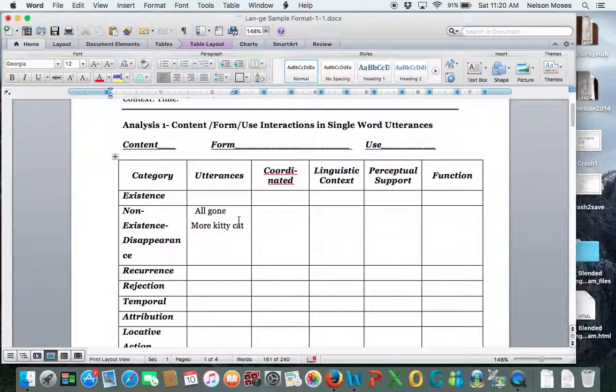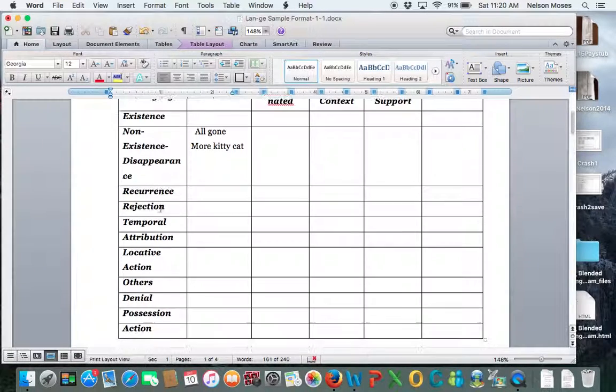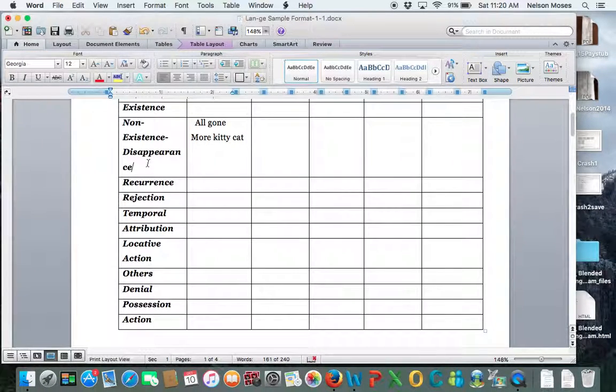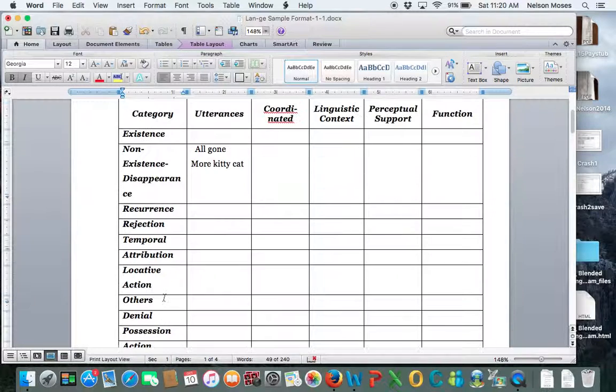Now that Level 2 analysis sheet has in the left-hand column a list of content categories that probably the comment is going to belong to one of these. Now you can add others if you feel the utterance you're analyzing belongs to another one, represents a different content category.